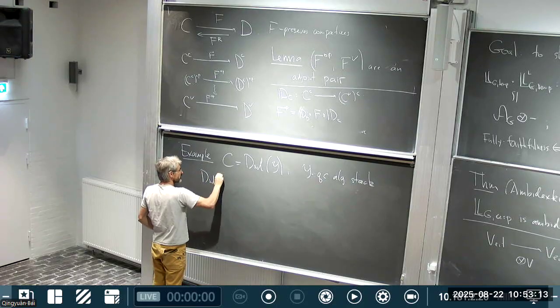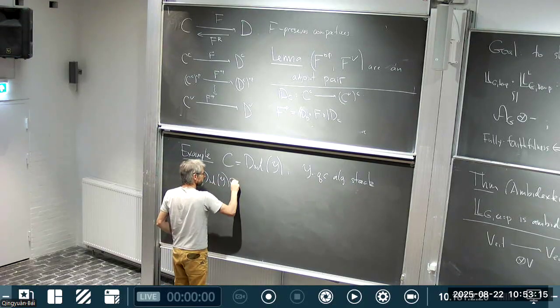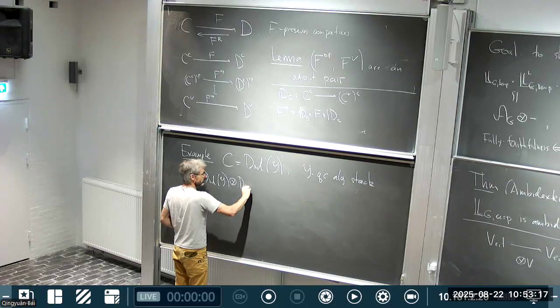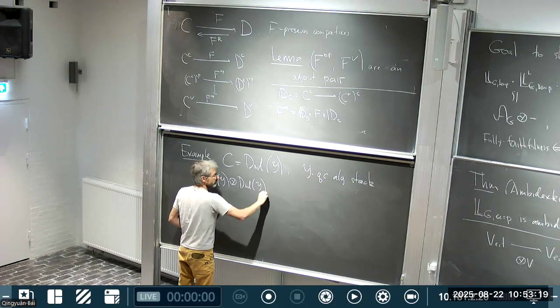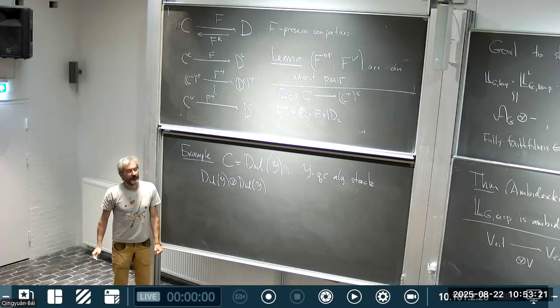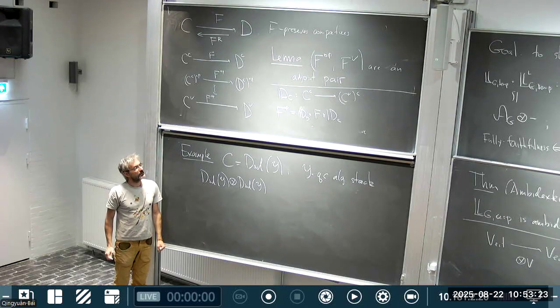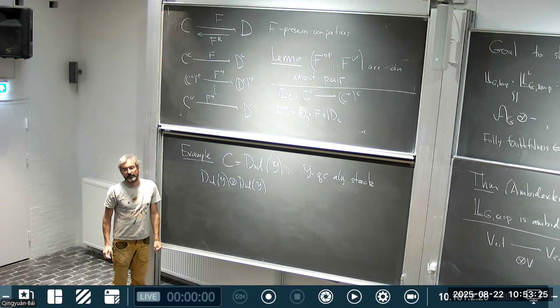Here's what the evaluation map is. For people who haven't seen this lemma before, it's extremely asymmetric between F and F right for a good reason: it only makes sense to restrict F to compact objects, not F right, because F right does not preserve compactness.